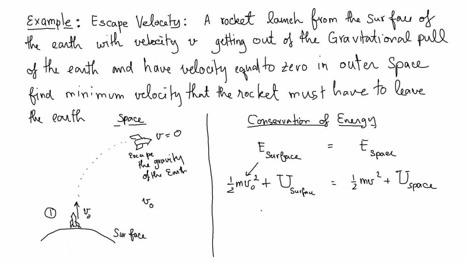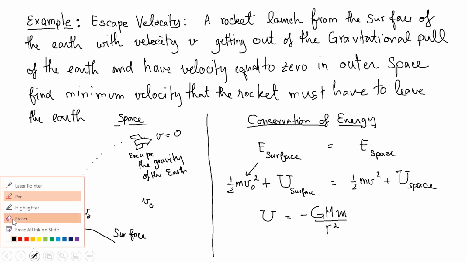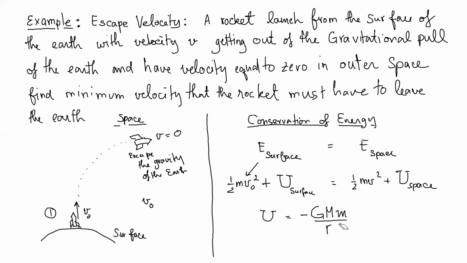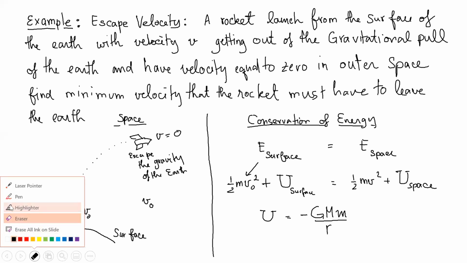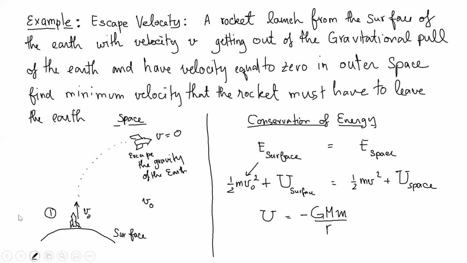Now the potential energy is, according to what we found from gravitation, GMm over r. Not squared, the power of 1.